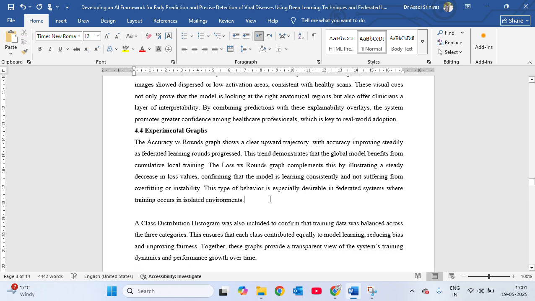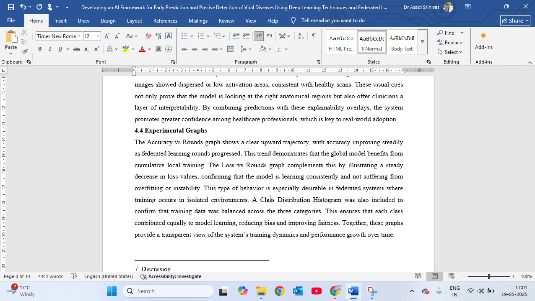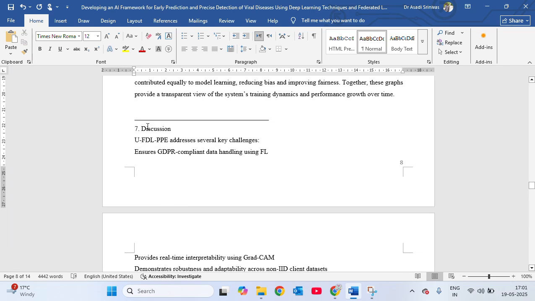Yeah, now we will add this fifth one, then we will insert diagrams. This is the fifth.